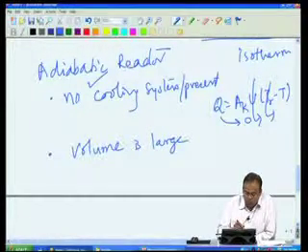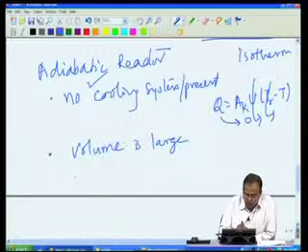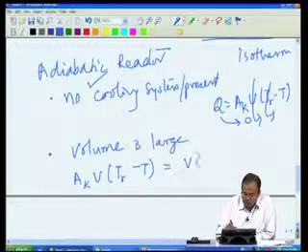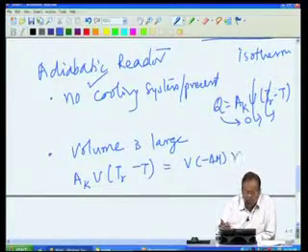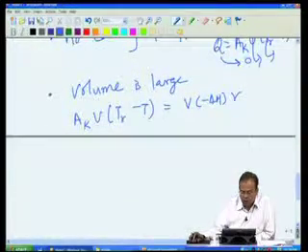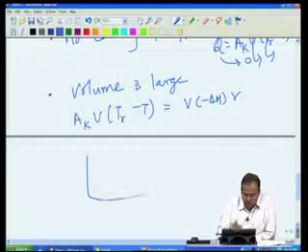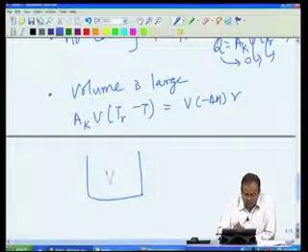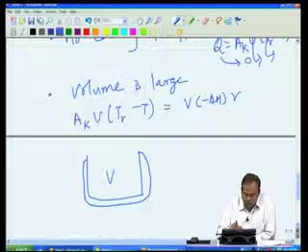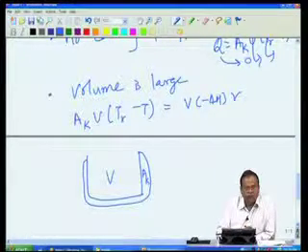Okay. Now, going back to our isothermal operation, we said that AKU into TR minus T is V into minus delta H into R. I am talking about a stirred tank reactor, similar thing can be said about other reactors. So, let us say that this is my reactor, this is my volume and this is what I am using to cool it. Okay. So, AK is the area of this.